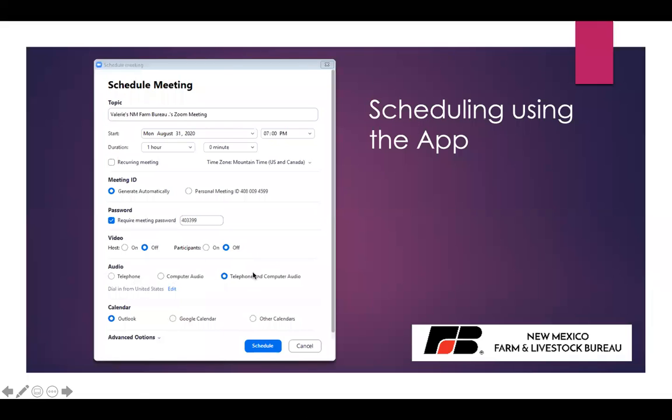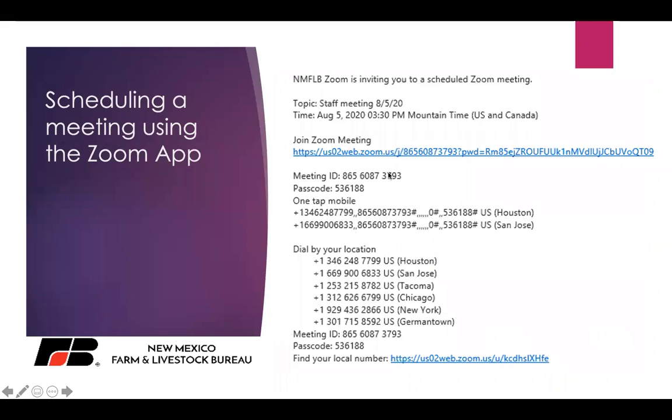Again, here's that telephone and computer audio. It allows for both participants who are on a computer or telephone to participate in your meeting. And that meeting invite link looks very similar on the app as it would in the web browser. This is your meeting link. Here's that meeting ID and password that I was mentioning earlier.